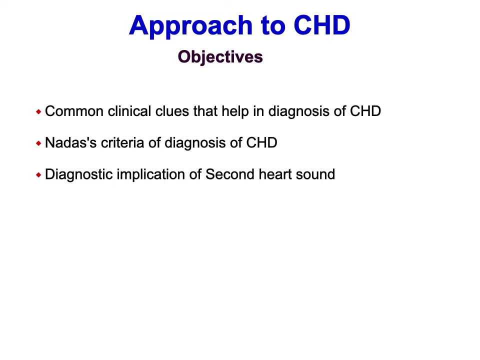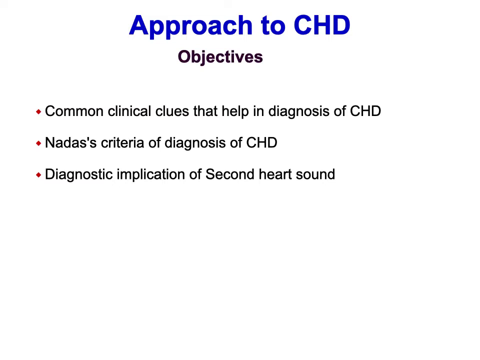This topic I have chosen because you'll have a certain glimpse of your clinical acumen and clinical material also. That means it will include the implications of second heart sound and other things, including an idea on Nada's criteria, how to diagnose congenital heart disease.